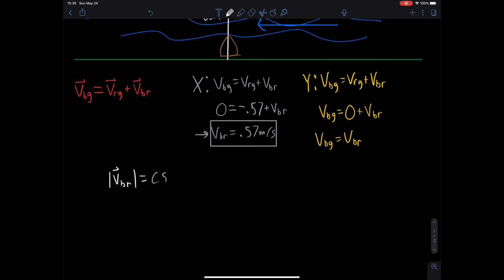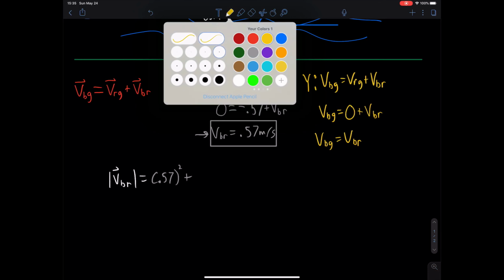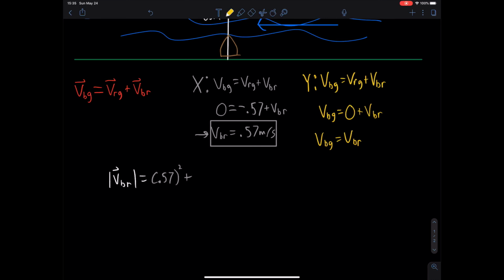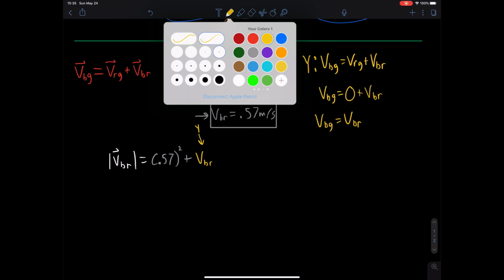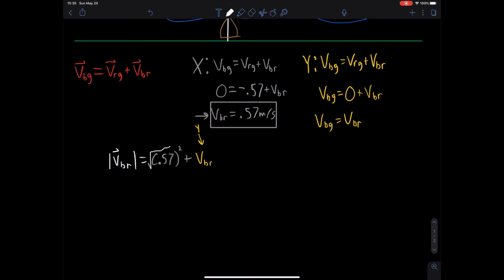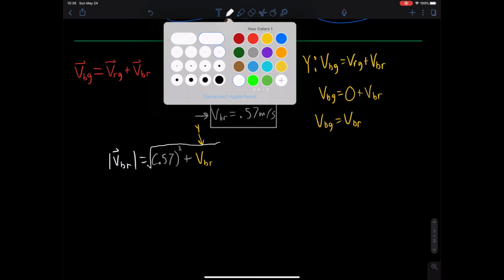So we have 0.57 squared plus, and we don't know what this other one is, so it's just the y component of the velocity of the boat relative to the river, and all of this is underneath the square root. Oh, and I forgot my square.